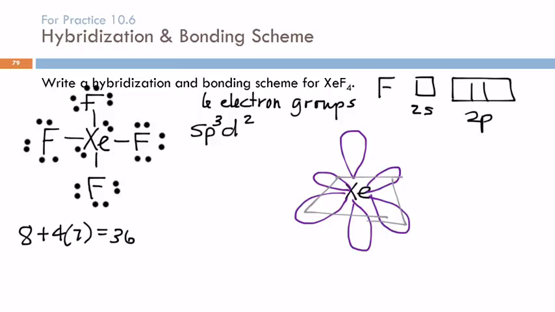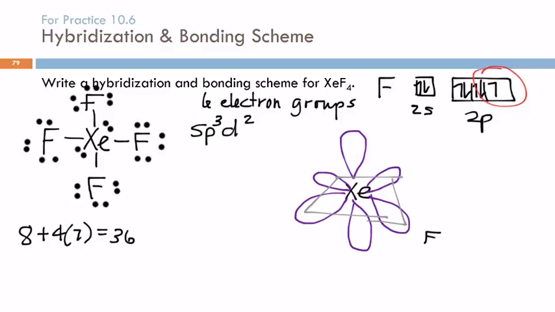It's got 7 valence electrons, right? 1, 2, 3, 4, 5, 6, 7. So this is the half-filled orbital that's going to overlap with the xenon's. So I'm going to have a fluorine here. Oh, but wait. There's 4 fluorines.